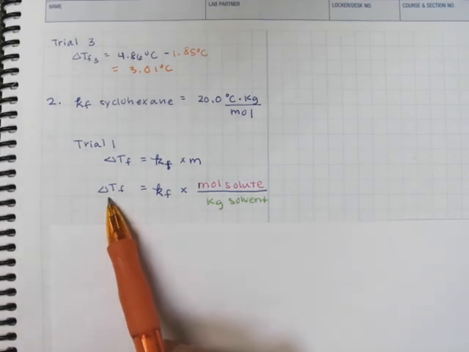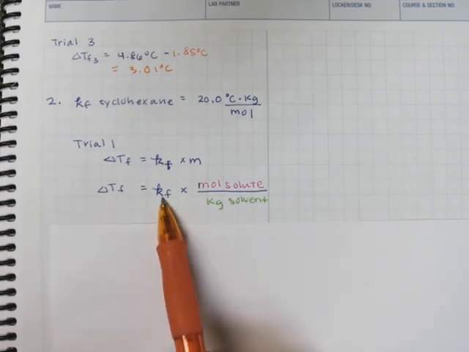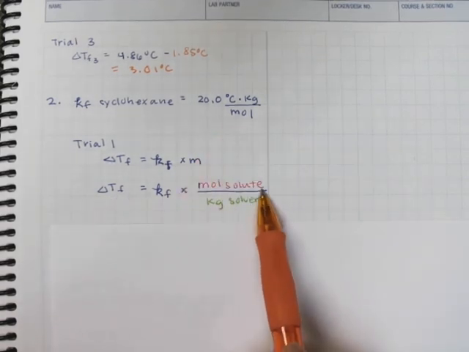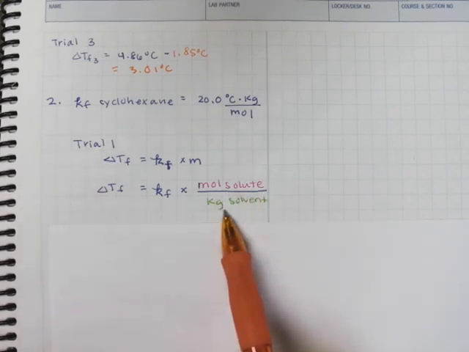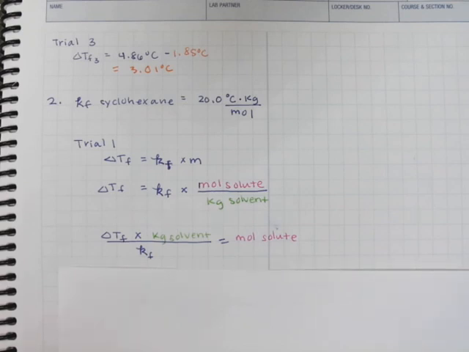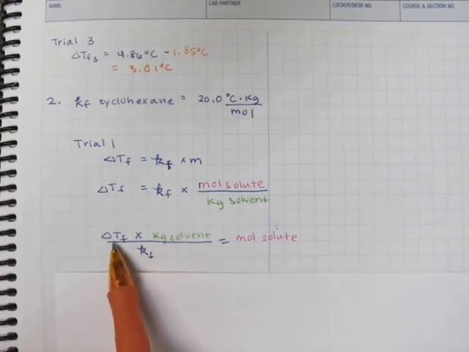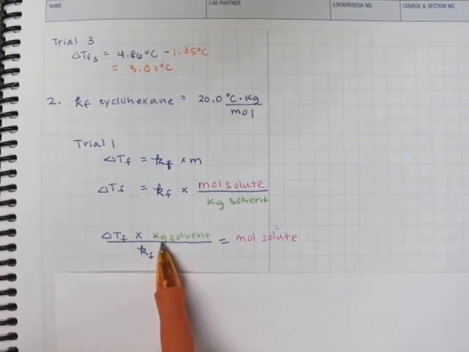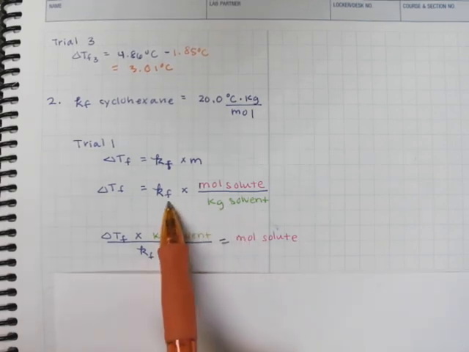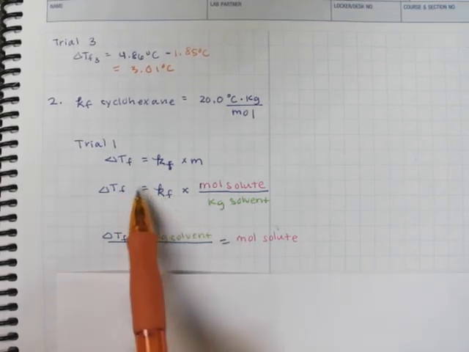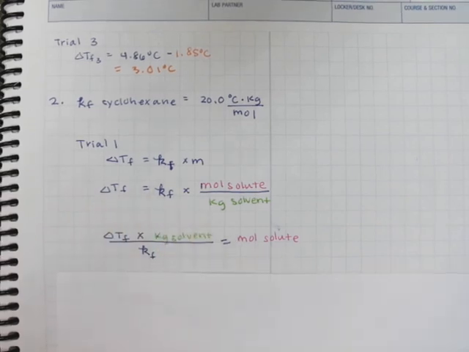We have the delta TF, which we just calculated, the KF, and we know the kilograms of solvent. So we can just rearrange: delta TF times kilograms of solvent over KF gives the moles of solute.